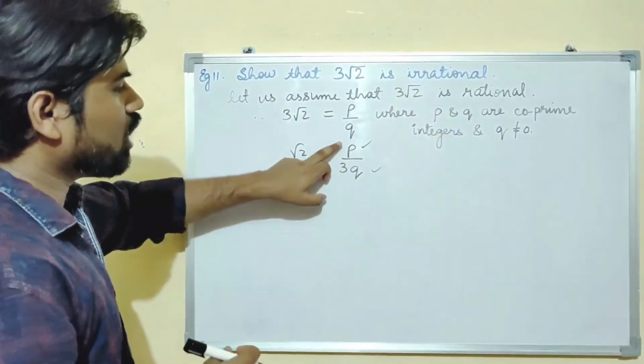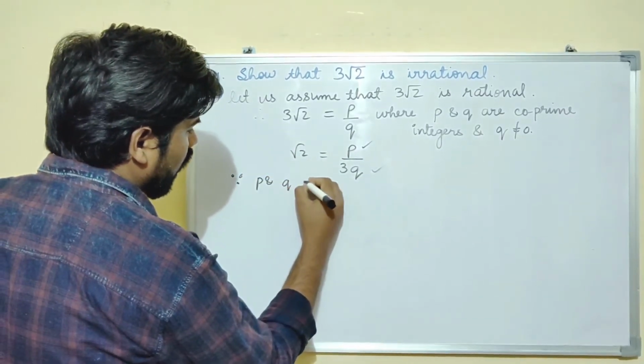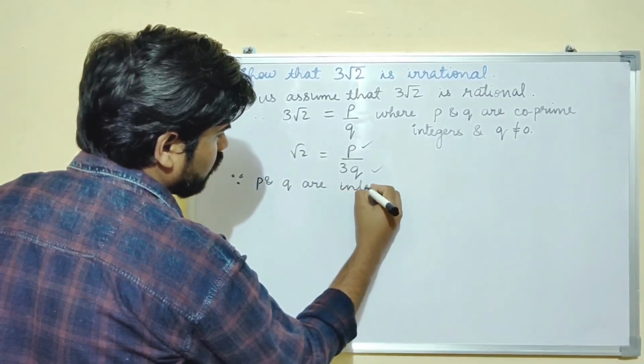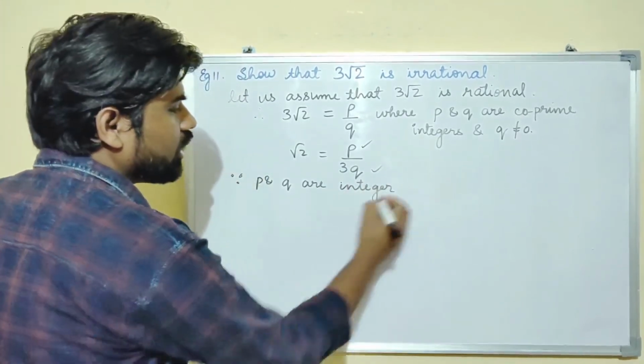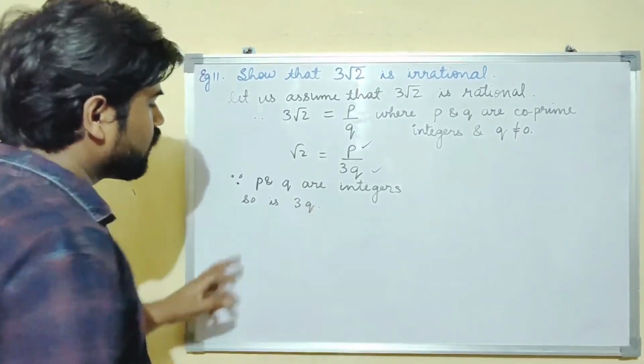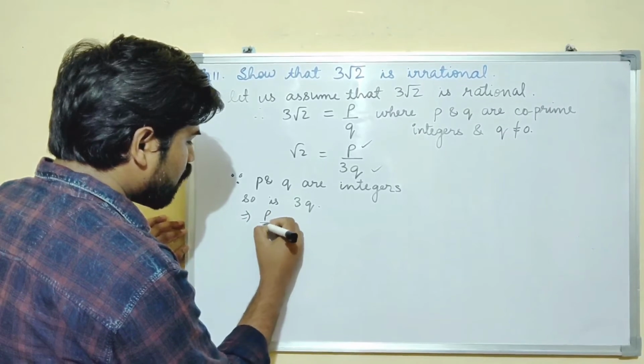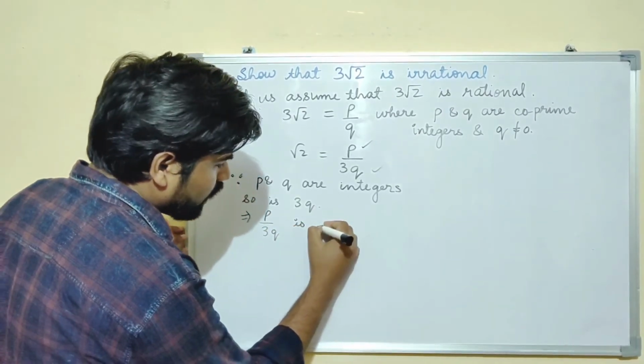Let us write it. Since p and q are integers, so is 3q. That means 3q is also an integer. This implies that p upon 3q is rational.